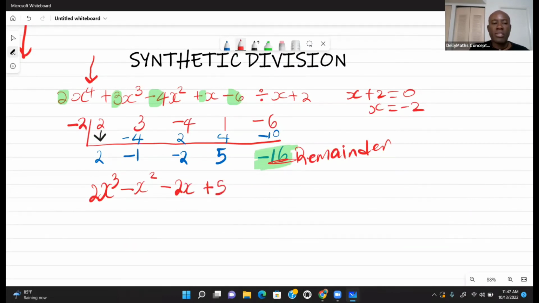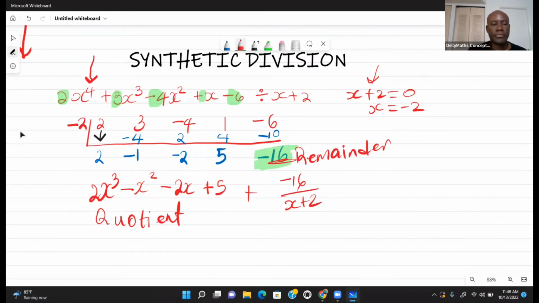So you're seeing that we still get back our quotient, the same quotient from what we had there, with a remainder of negative 16 over that divisor, which is x plus 2. So it is the same idea, only the synthetic division is actually less work.